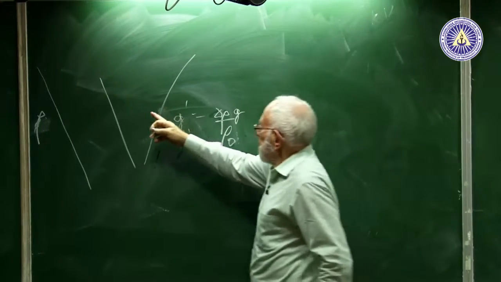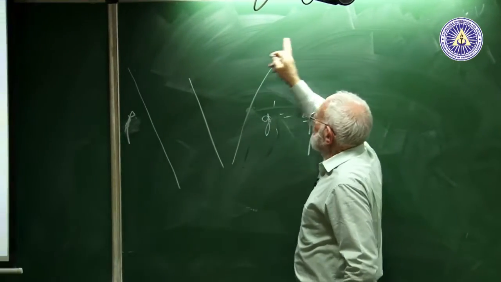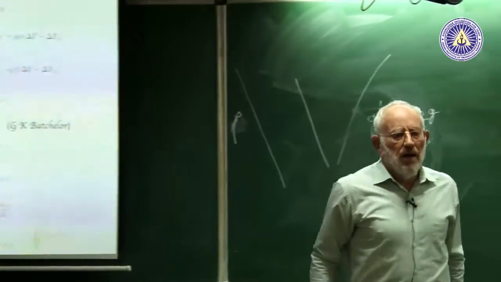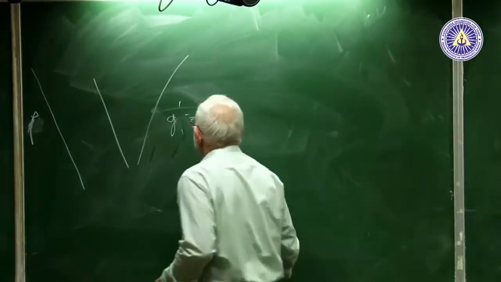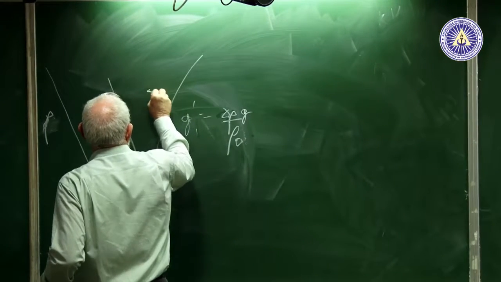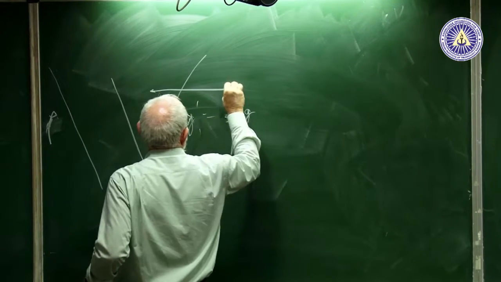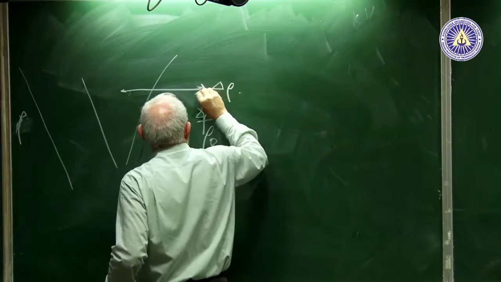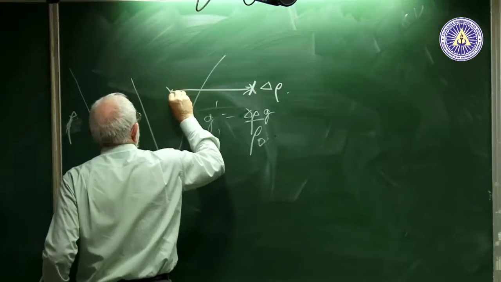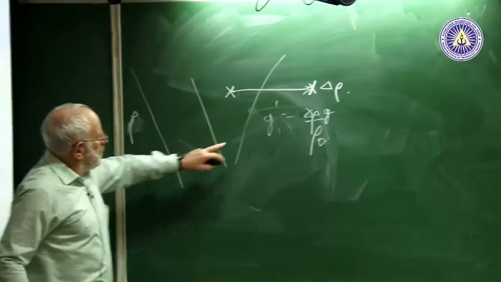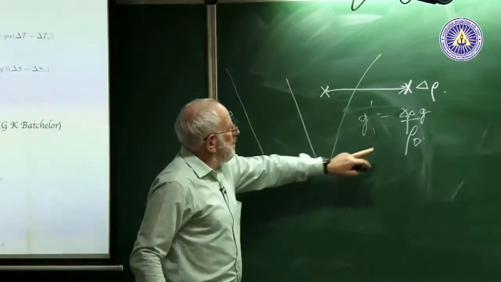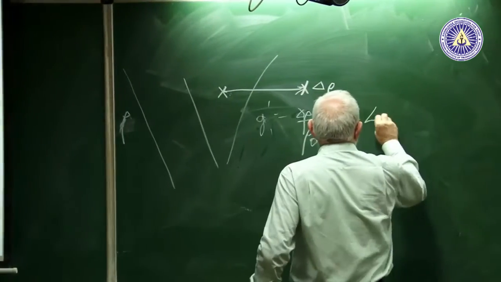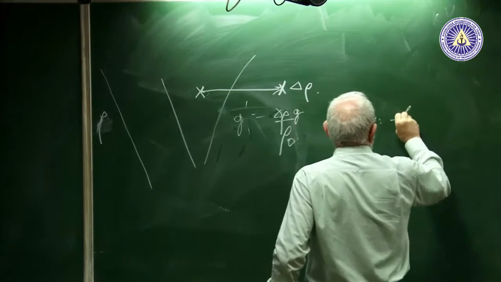The difference in density between here and here is going to be different from the difference in density there. Different density from what point? Oh, delta rho. Sorry, I didn't make that as clear as I should have. This is the delta rho. So this G prime is going to change. The rho naught is going to be the same, but what we're talking about is delta rho, the horizontal density difference.